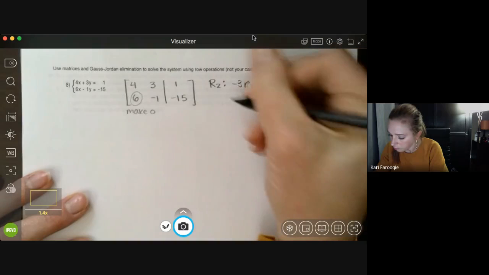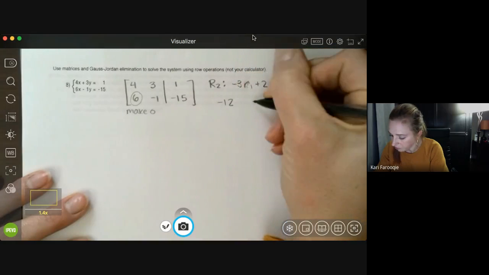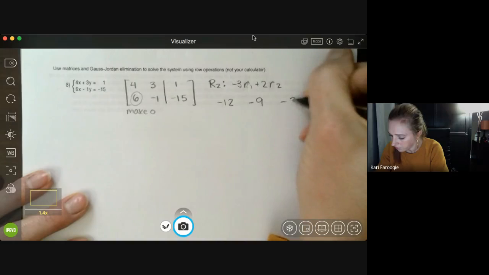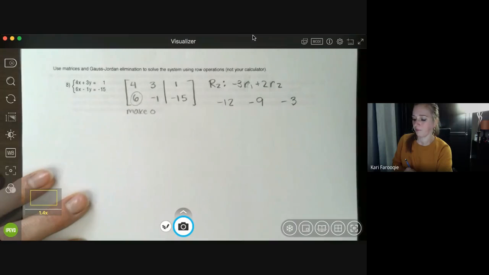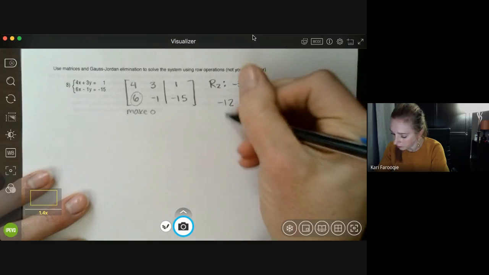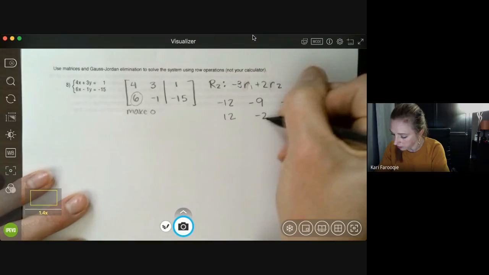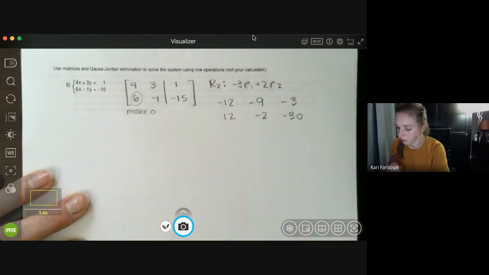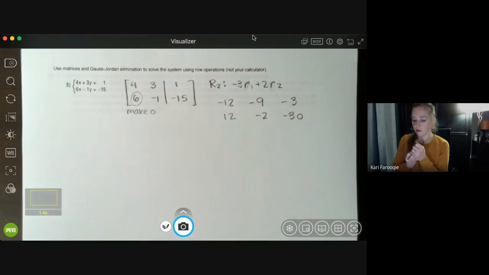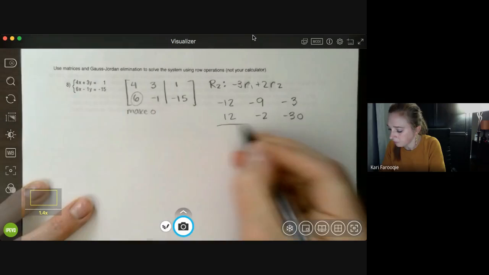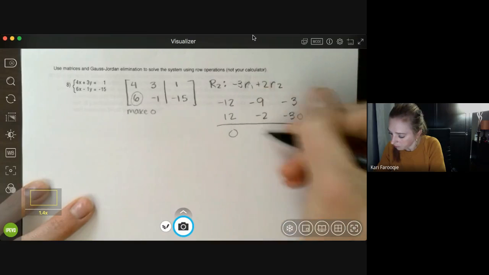Okay, so negative 3 row 1 is negative 12, negative 9, negative 3. And then 2 row 2 is positive 12, negative 2, negative 30. Double check all your signs and make sure everything looks good before you add. Add them up.